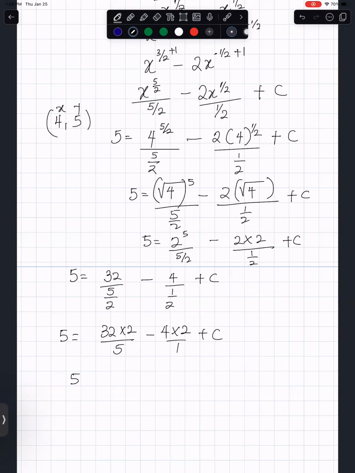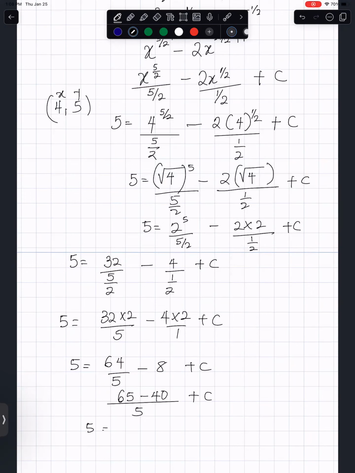So 5 is equals to 64 over 5 minus 8 plus C. So we have our LCM here, which is 5. So I have 65 minus 14 plus C.